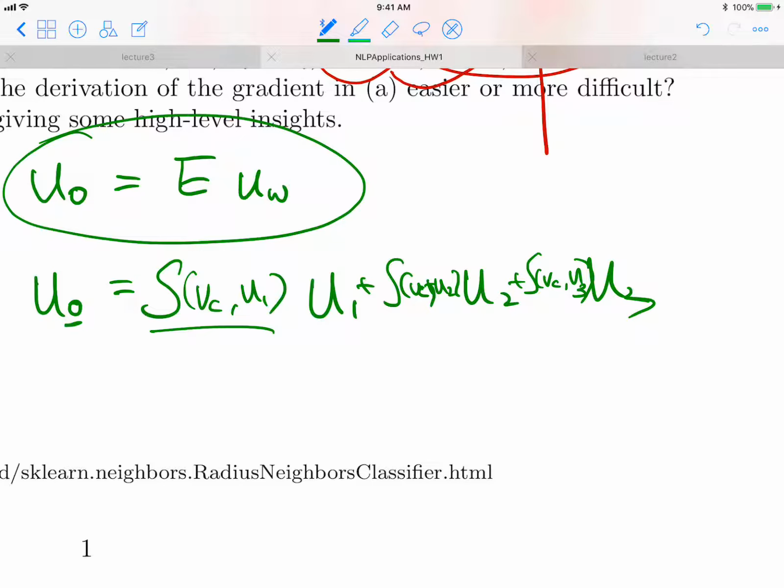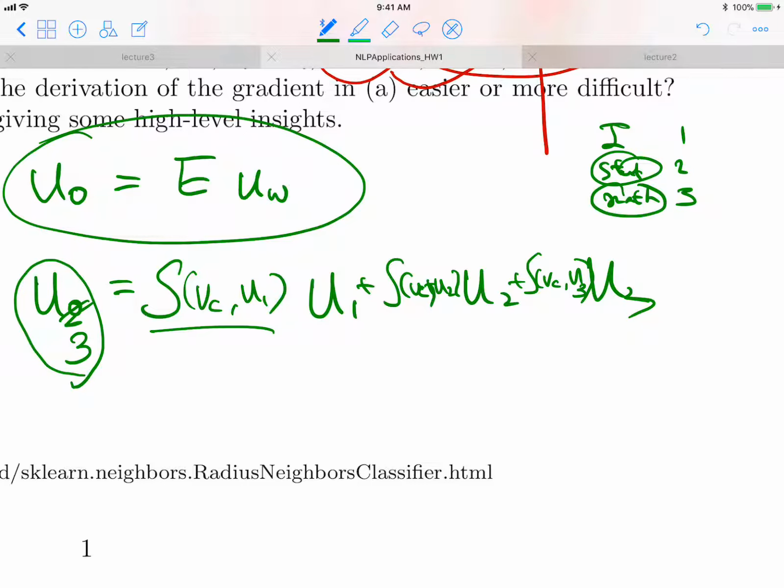Suppose we have 3 keywords in total in our vocabulary, and I, study, math are the first, second, and third keywords in our dictionary, and the observed word is math, so it should be 3, right? So this u3 is actually the u3 on the right hand side.